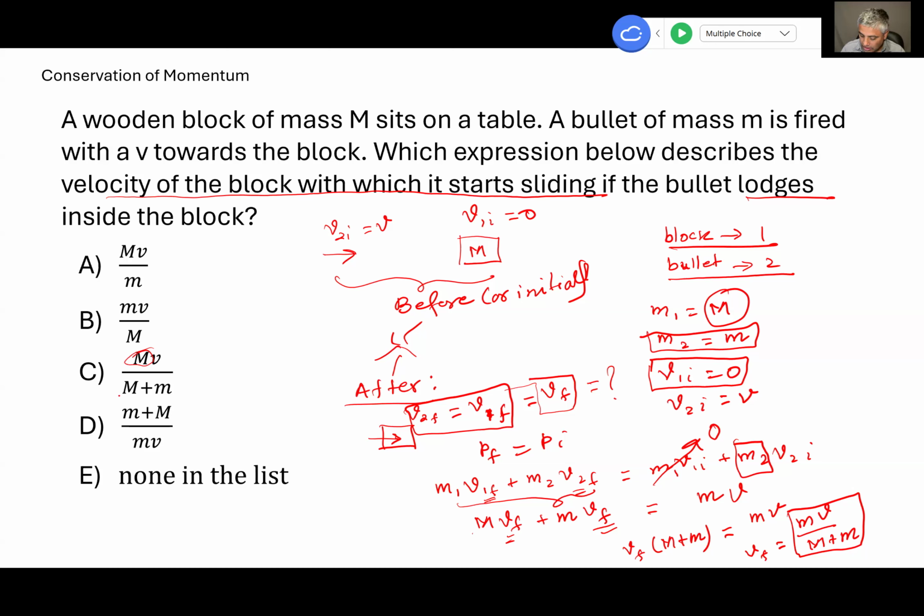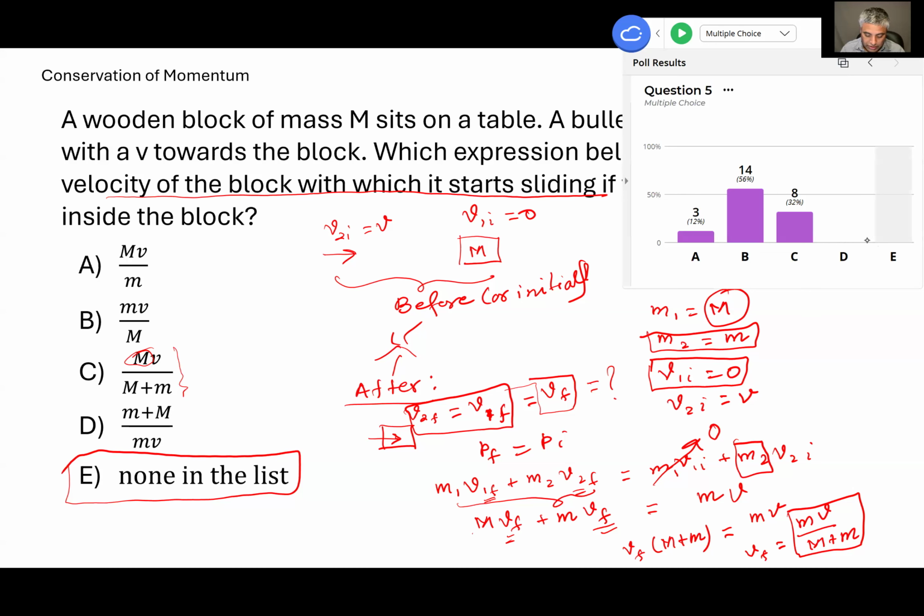Oh, that's uppercase, not lowercase. Otherwise, that was close. So that means our answer in this case is E, correct answer.